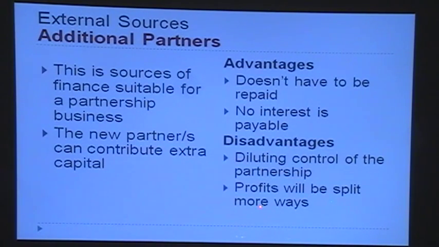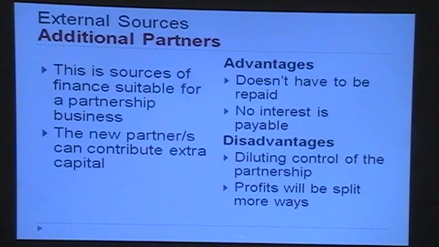Profit will be split in more ways. That is a very, very big disadvantage. However, you can save yourself from interest, as money contributed from other partners will help you to finance your business.